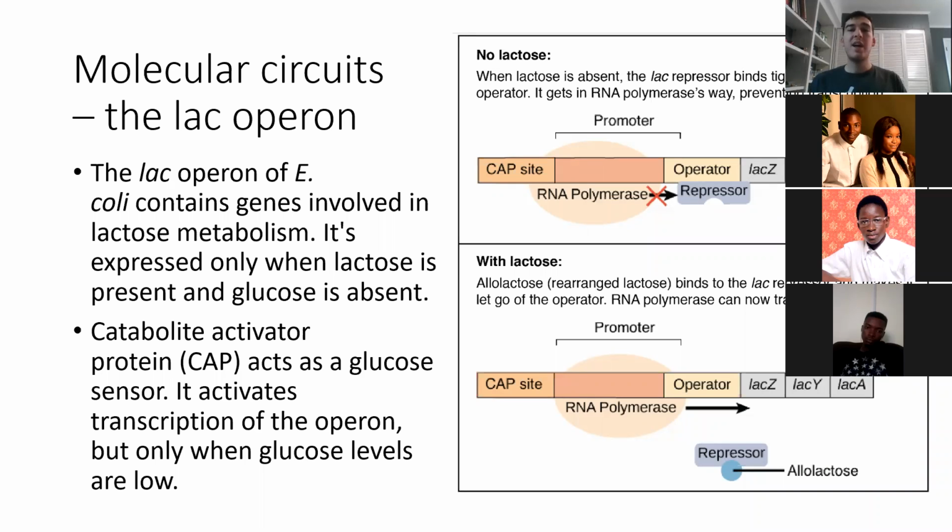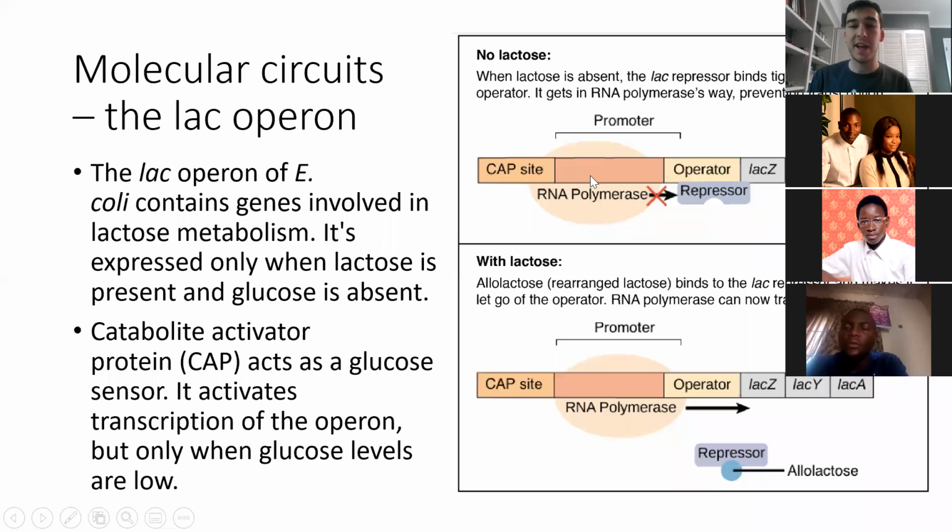Essentially, you have several different components on the operon. An operon is basically a large set of different genes and regulatory elements. RNA polymerase is a molecule that, as we talked about with the central dogma, is going to bind to the DNA and produce RNA from it that can then be translated to produce proteins.